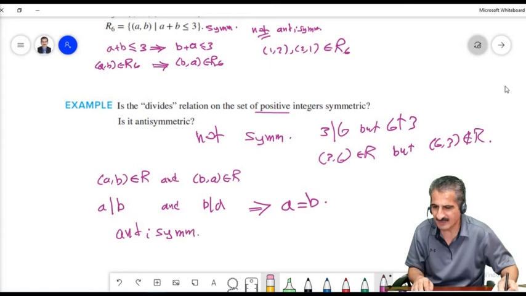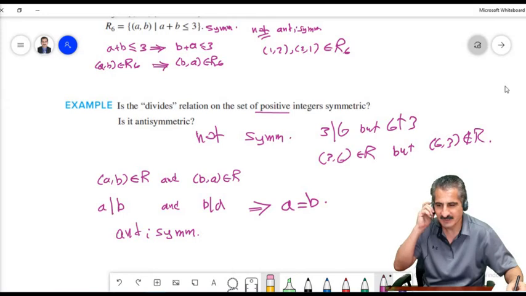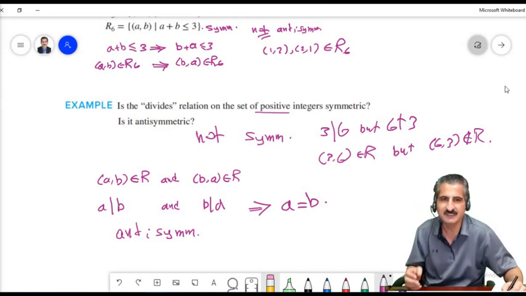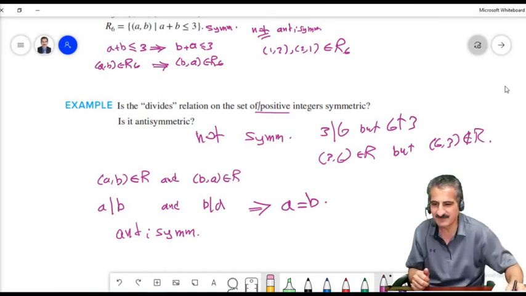Why did you not tell me that A might equal negative B? Then A divides negative B, and negative B divides A. This is possible, but we are working on the positive integers.